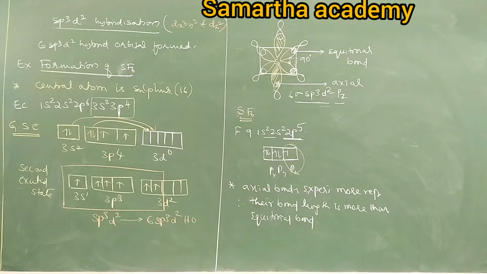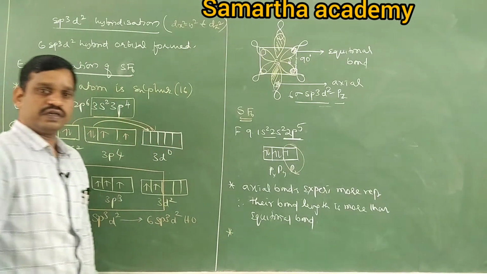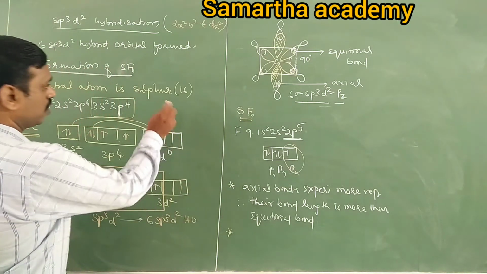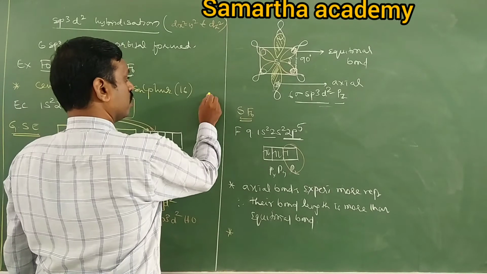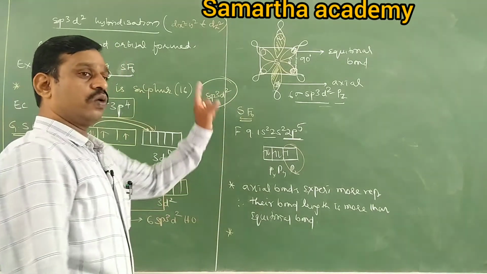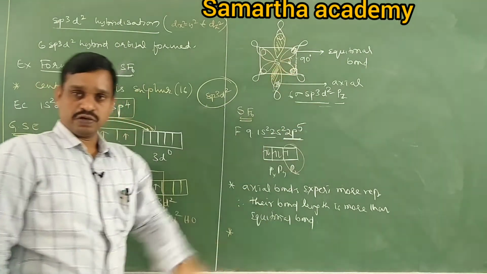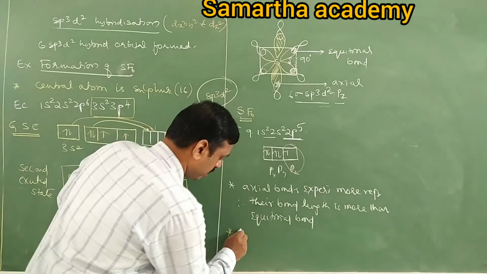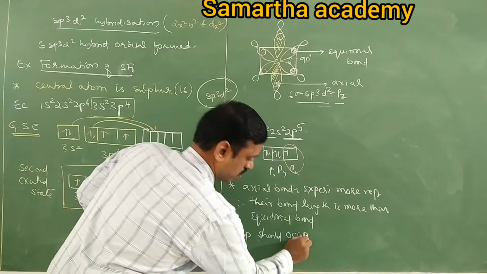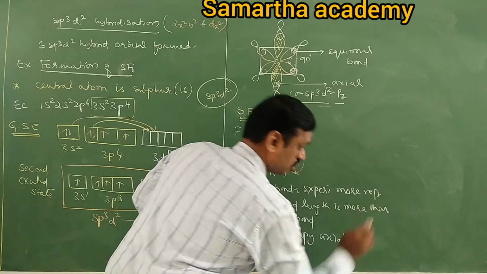Next, one more point. If lone pair electrons are present, come on, tell me. This is different. If lone pair electrons are present in sp3d2 hybridization, those lone pairs should be placed on axial positions or equatorial positions? Axial positions, important. So lone pairs should occupy axial positions.